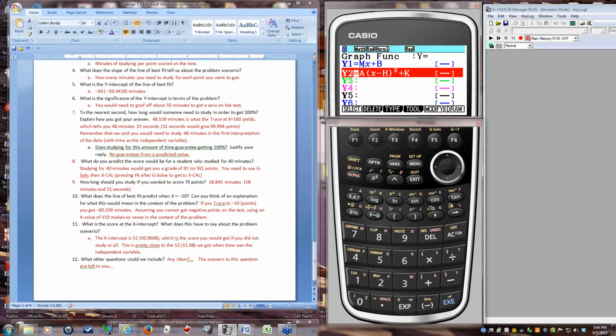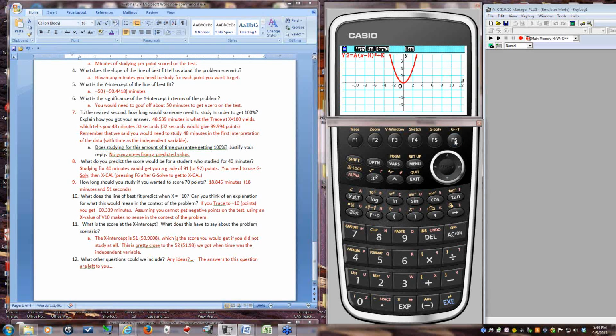When I'm doing Modify, I can only graph one line at a time. So I've got this parabola selected. I've changed the setup for my graph. Again, I'm in a different part of the e-activity, so that's why I get this different graph. I don't have the picture. That's what I wanted.